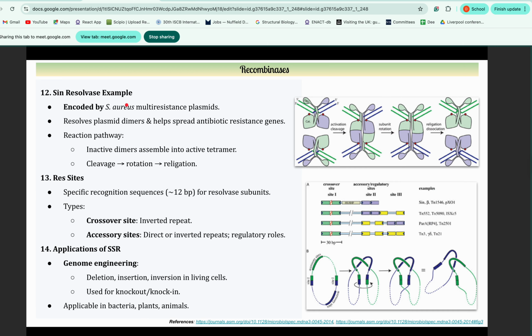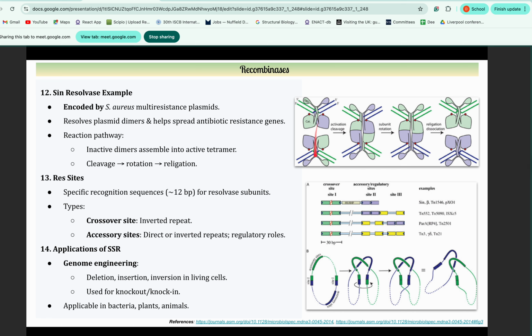Okay, syn resolvase is also a type of serine recombinase. It is encoded by Staphylococcus aureus, on the multi-resistance plasmid. So in S. aureus we have the plasmid from where it is encoded, and this also works similarly to what we discussed for the serine recombinases: the dimer binds the DNA and then subunit rotation takes place, and ultimately, for example, in this case invertases are involved.